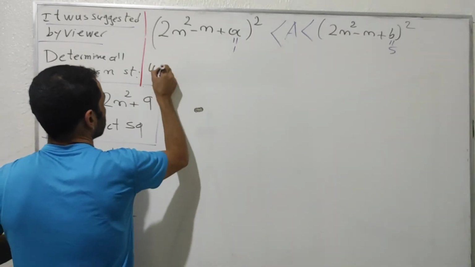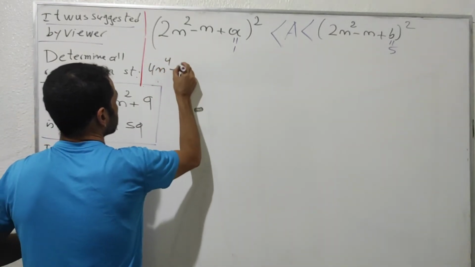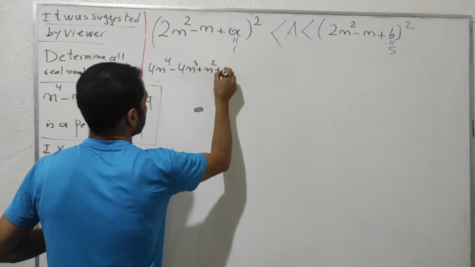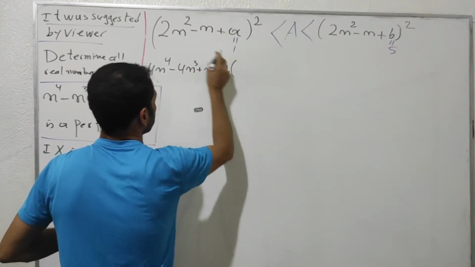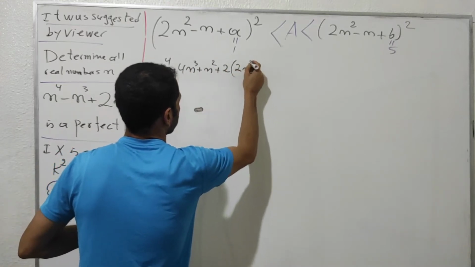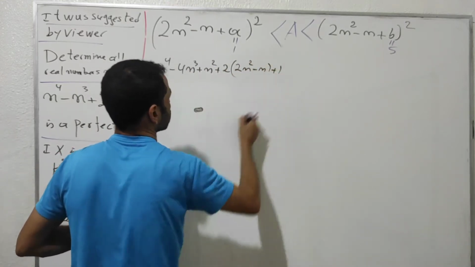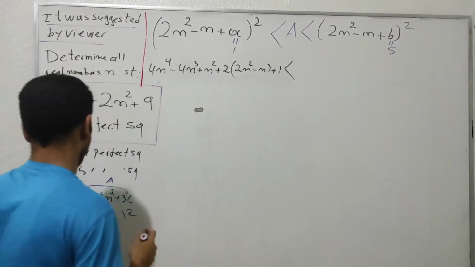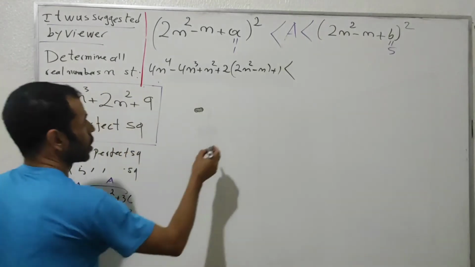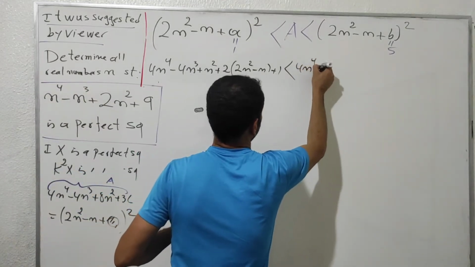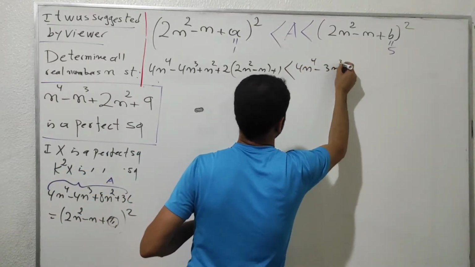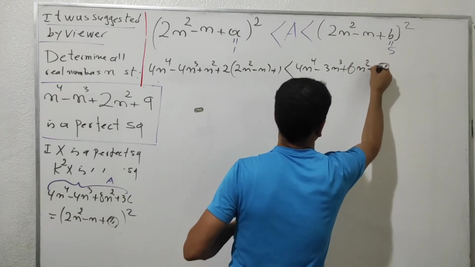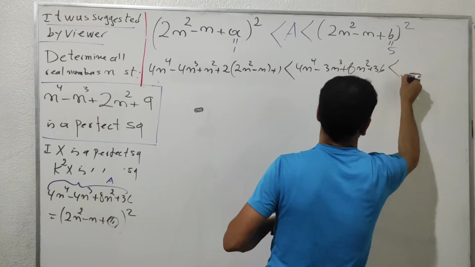So I will have 4n to the fourth minus 4n cubed plus n squared plus 2 times this term, which is 2n squared minus n, plus the last term, which is 1, is strictly inferior to this term. I'm going to rewrite this inequality as it was, like 4n to the fourth minus 3n cubed plus 8n squared plus 36 is strictly inferior to this term.